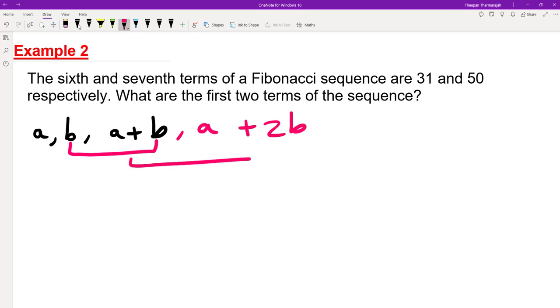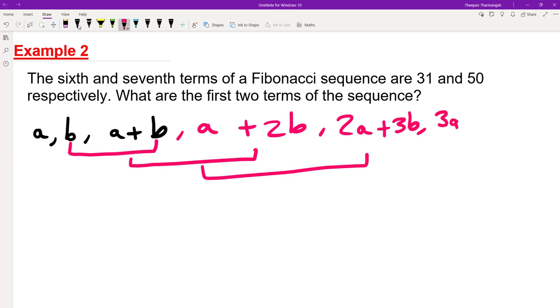Then add these two terms together. So A plus A will give me 2A. Now B plus 2B will give me 3B. Then we're going to do A plus 2B plus 2A plus 3B. So A plus 2A is 3A. And then 2B plus 3B is 5B.